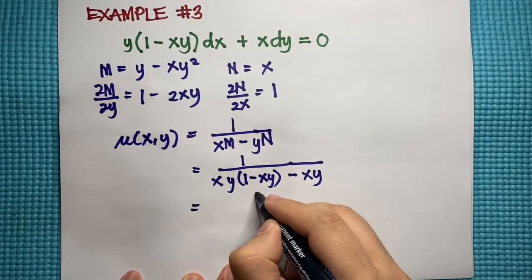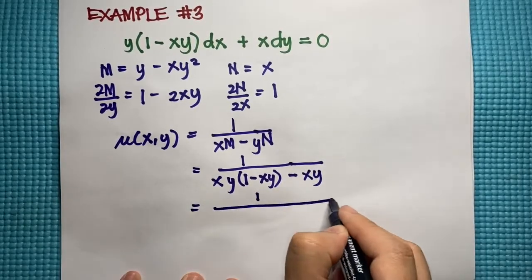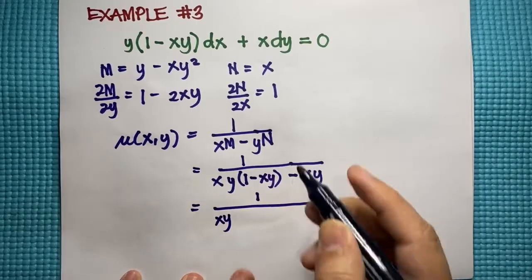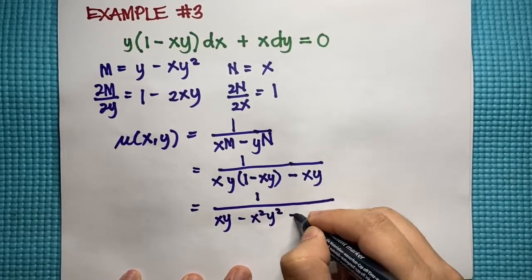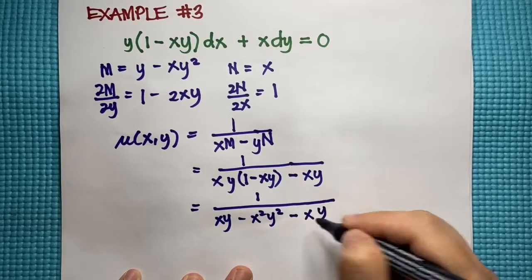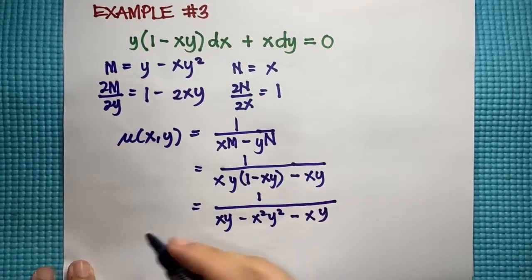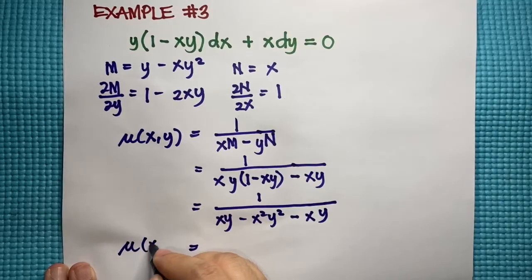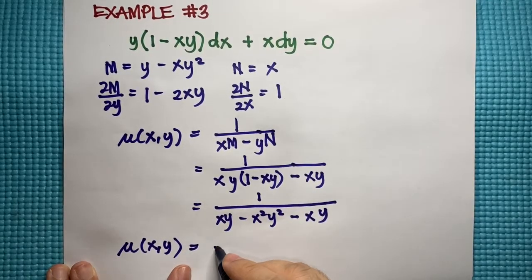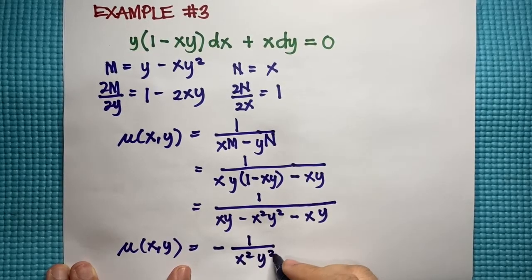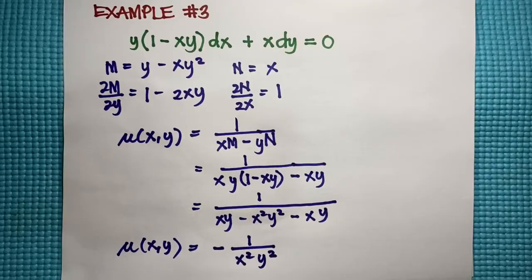Distributing the xy gives us xy minus x squared y squared minus xy. So our integrating factor mu of xy is equivalent to negative 1 over x squared y squared. That is our integrating factor.